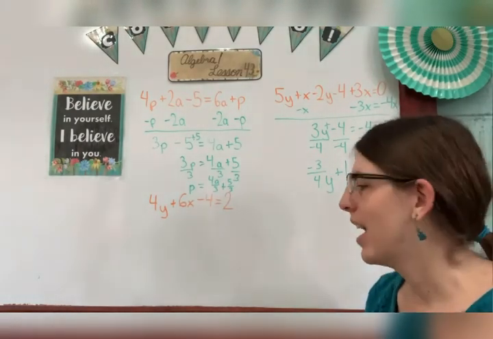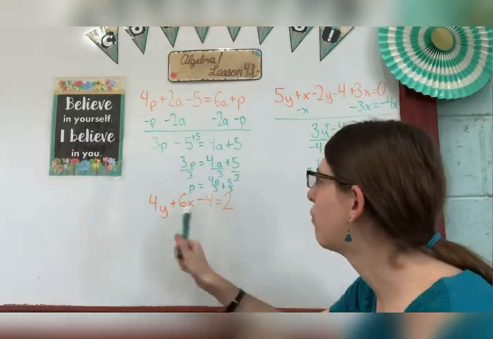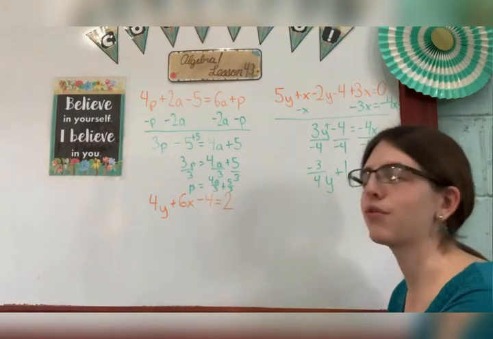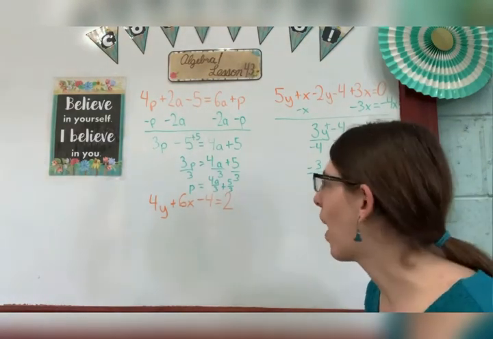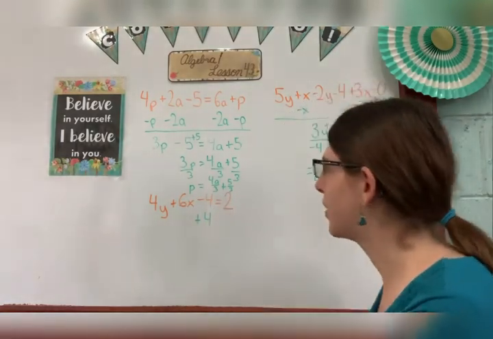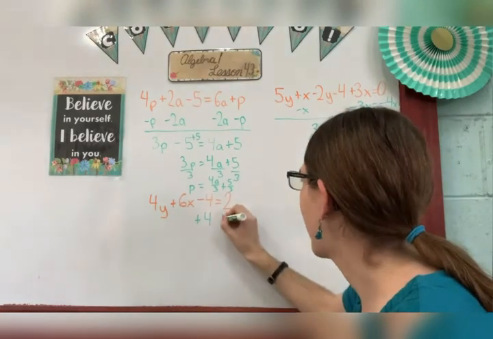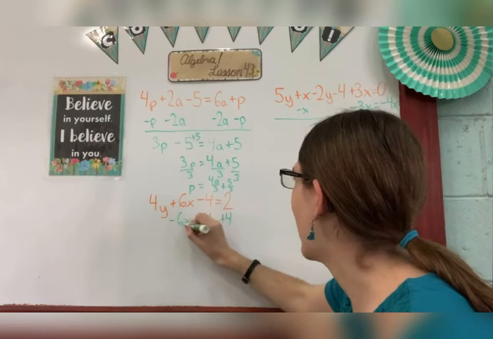Okay, now I'm going to do the last example and then we'll go through our practice. 4y plus 6x minus 4 equals 2. I'm going to solve this one for y. Starting by moving my 4 over, I'm going to do the opposite and add it to 2. And I'm also going to subtract my 6x.